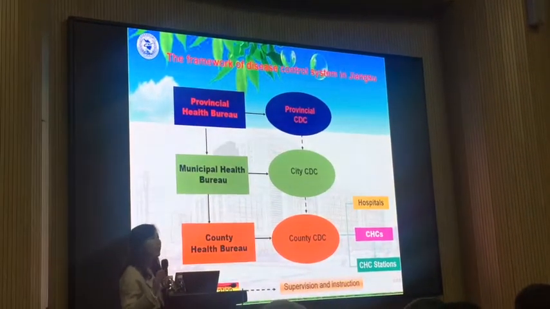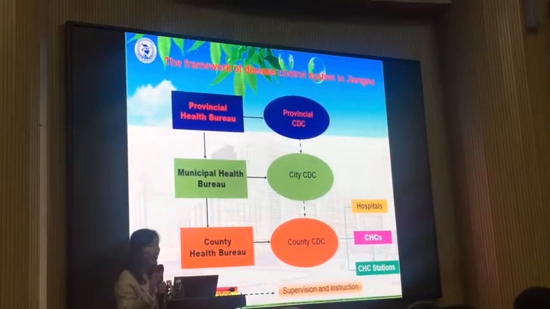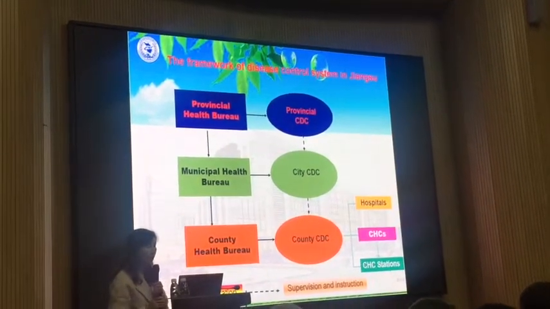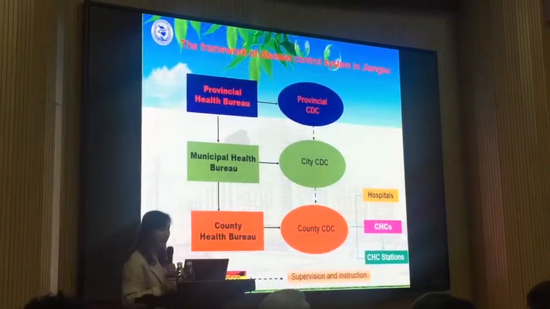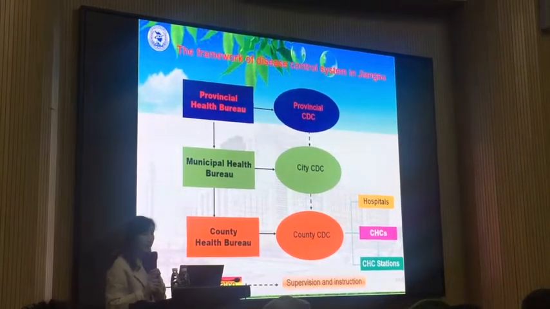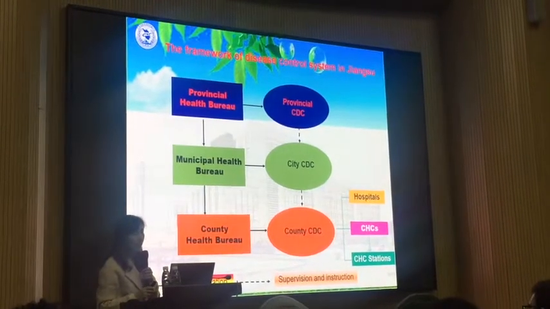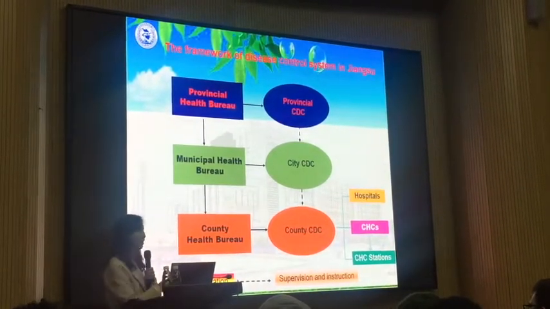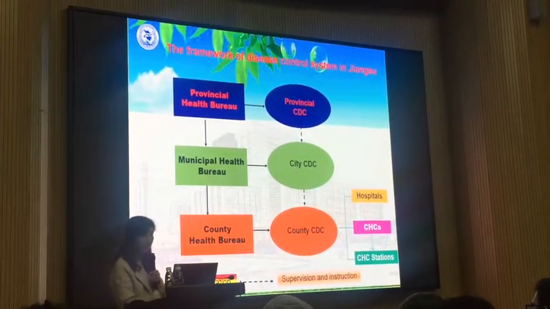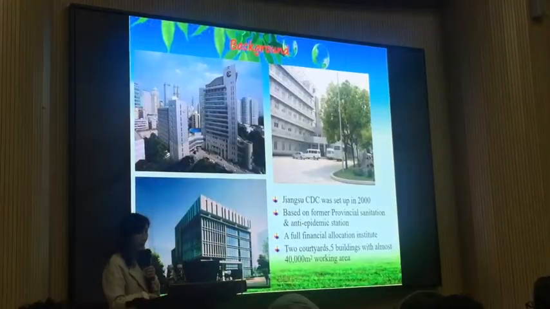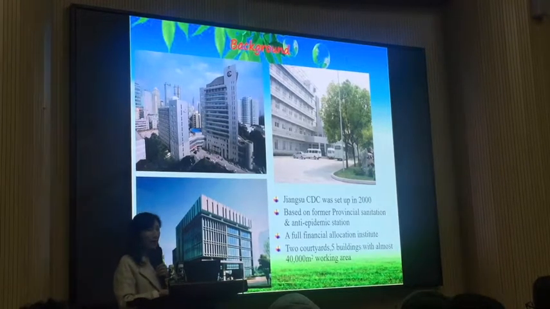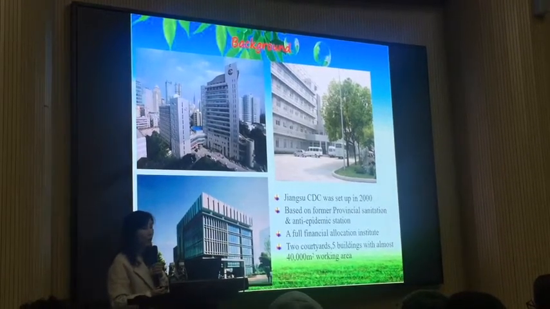In Jiangsu, we have three levels: province, city, and the county. The relationship between the bureau is administration, and the relationship between CDC is supervision and instruction. Jiangsu CDC was set up in 2000.